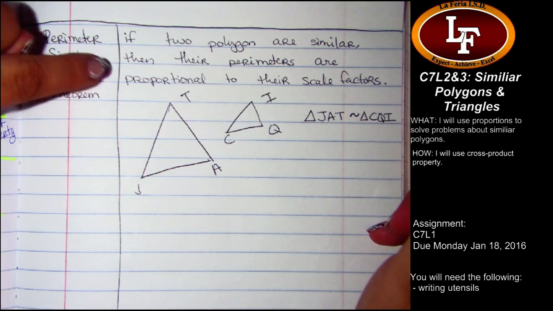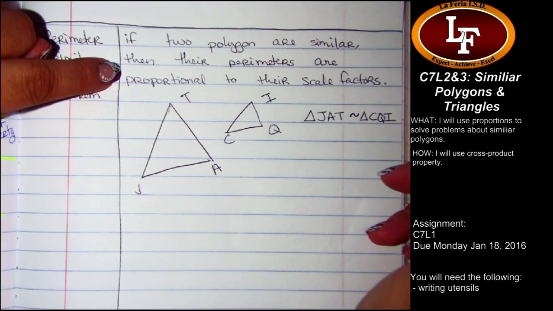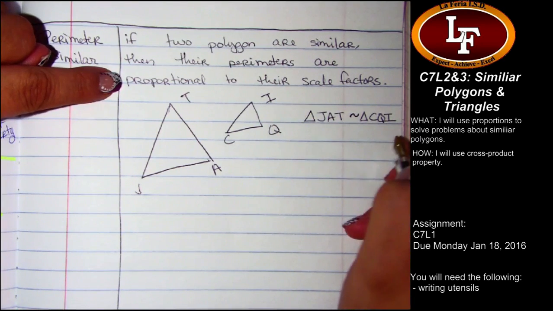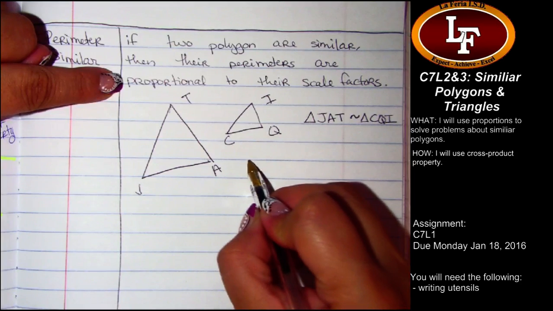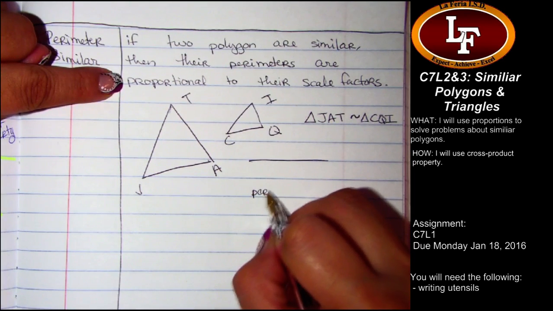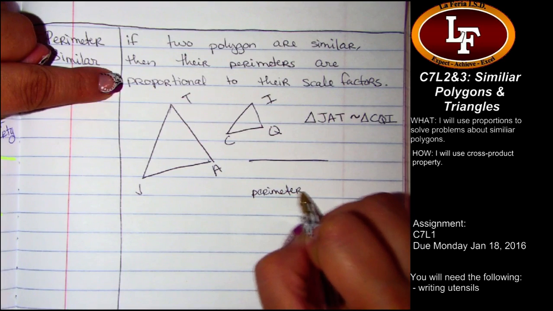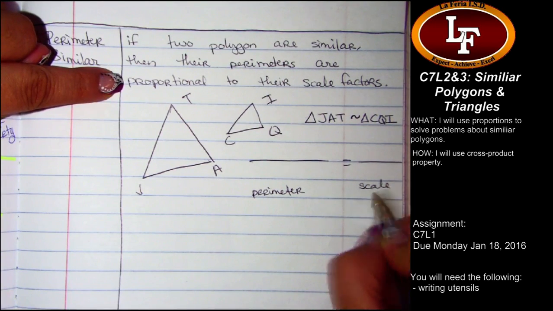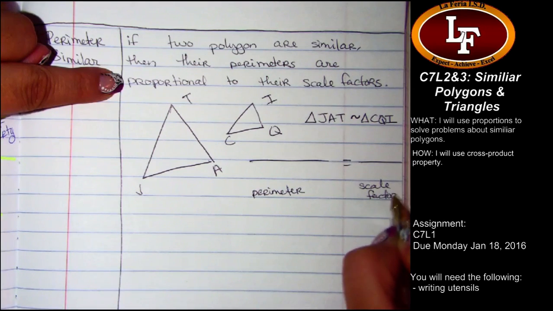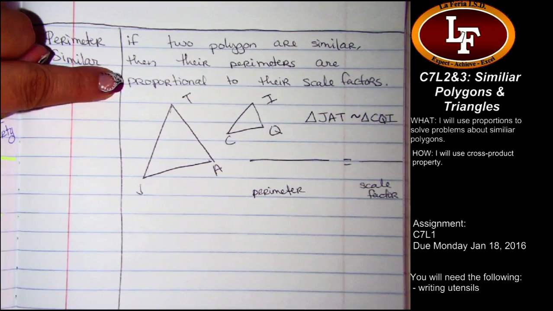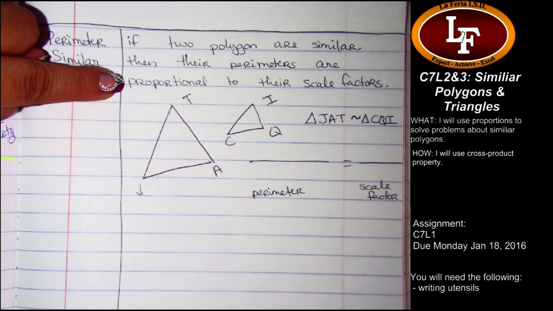The next thing is we're looking at their perimeters and their scale factors, which means we're looking at side information, and it says that they're proportional, which means I'm going to have one ratio handling all of the perimeters of our triangles, and that's going to be equal to the scale factor between my triangles. Remember that scale factor is the ratio between triangles.